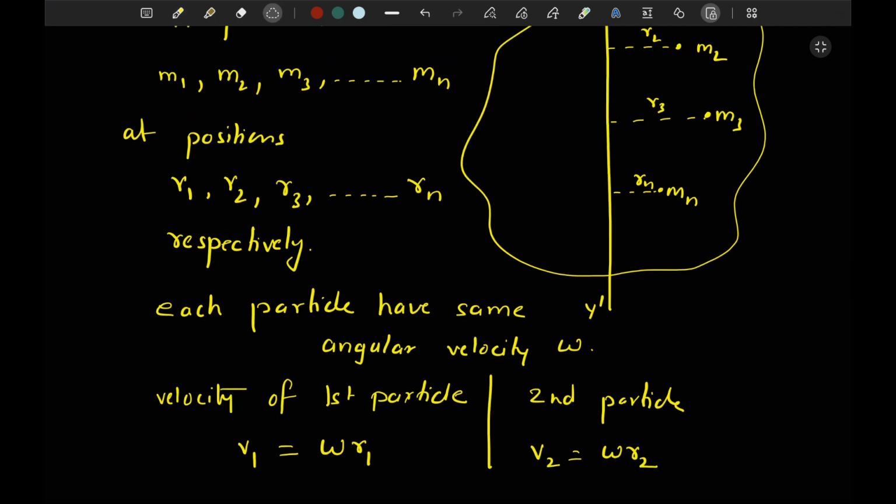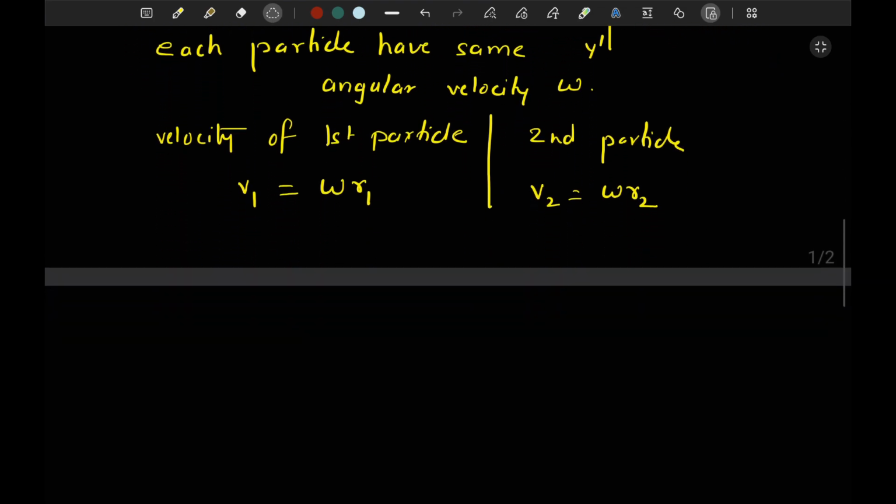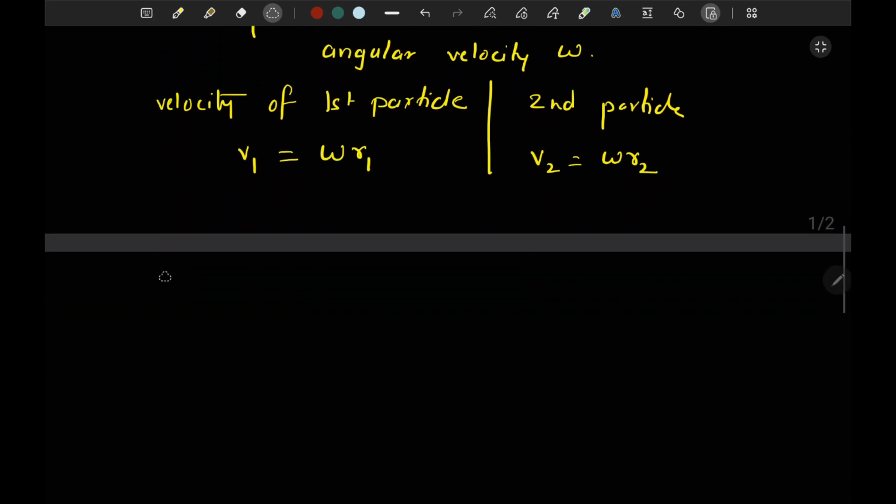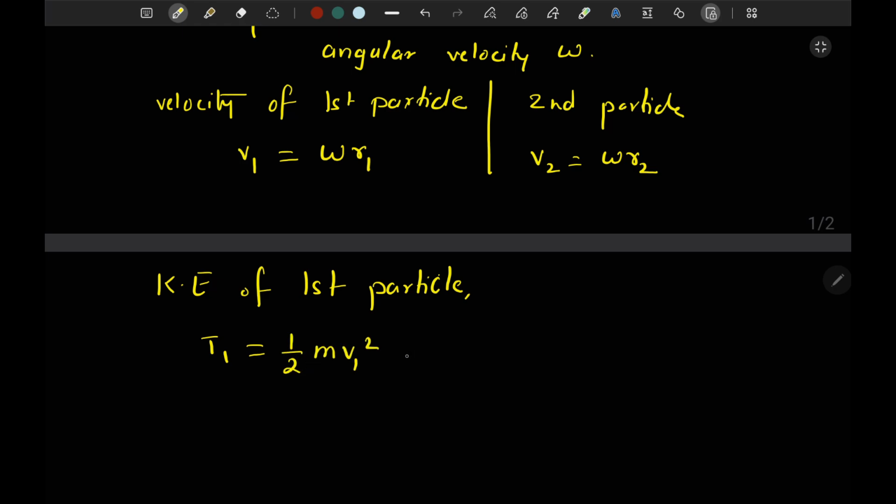Now we will calculate the kinetic energy of these particles. Kinetic energy of say first particle whose mass is m1 will be given by T1 is equal to half m v1 square, putting the value of v1 as omega r1 whole square, that is 1 by 2 m1 omega square r1 square.